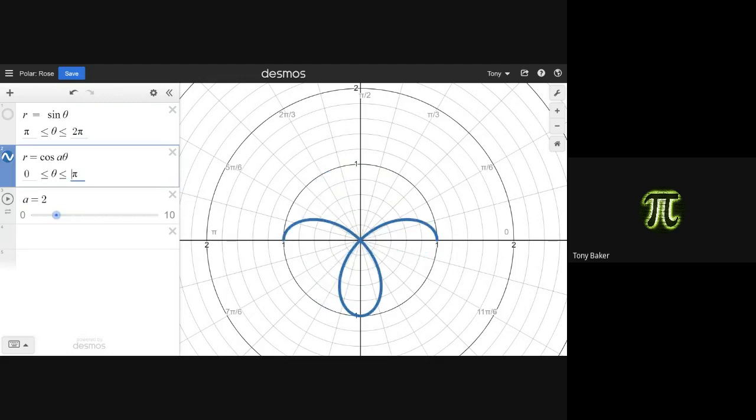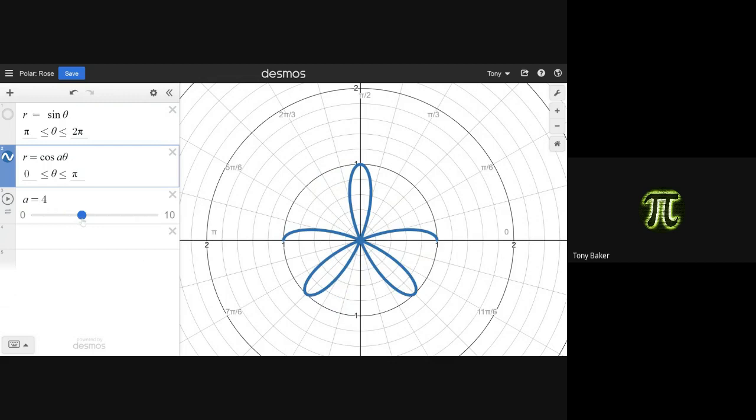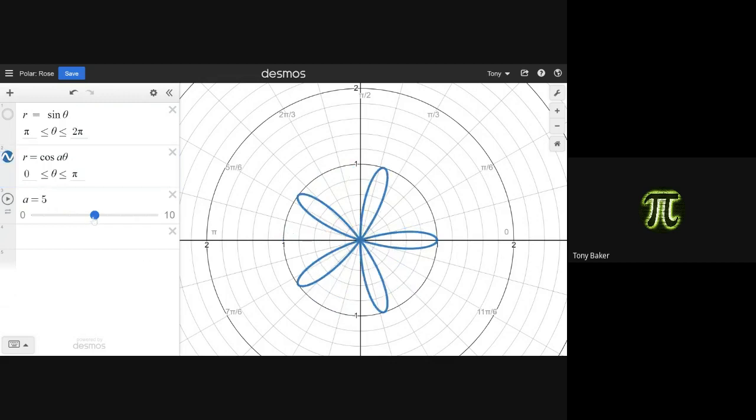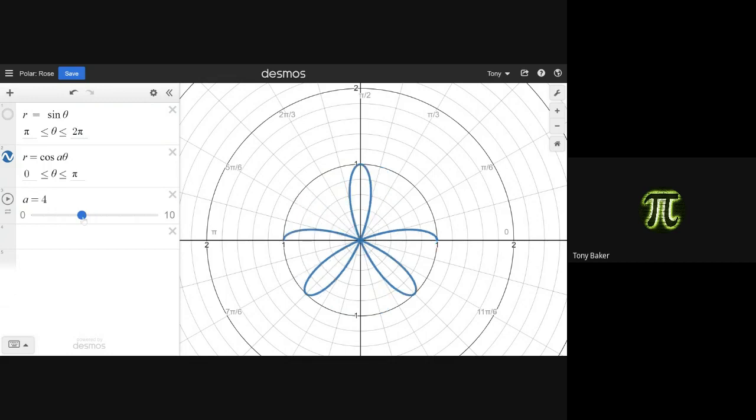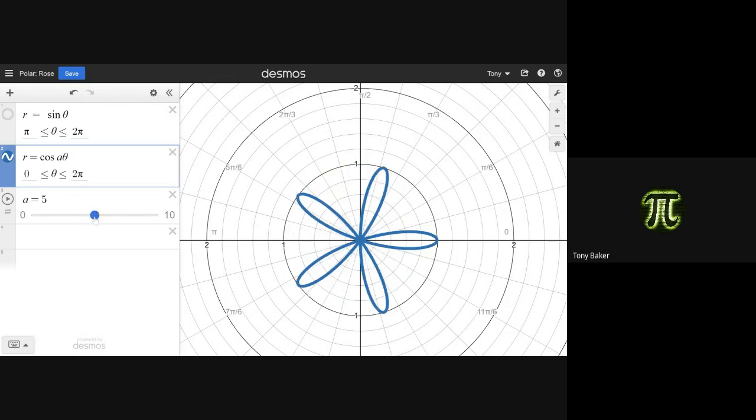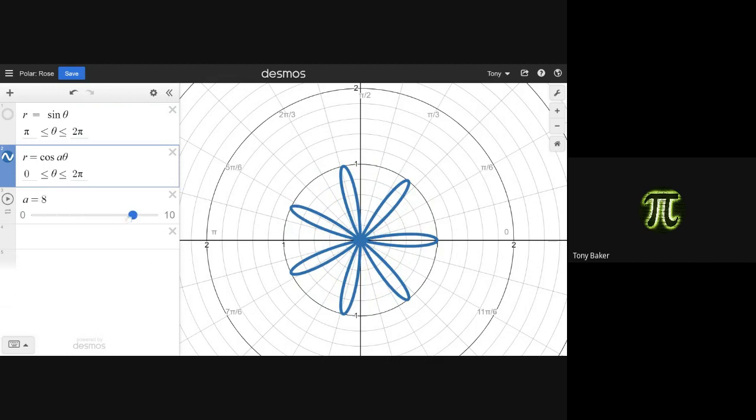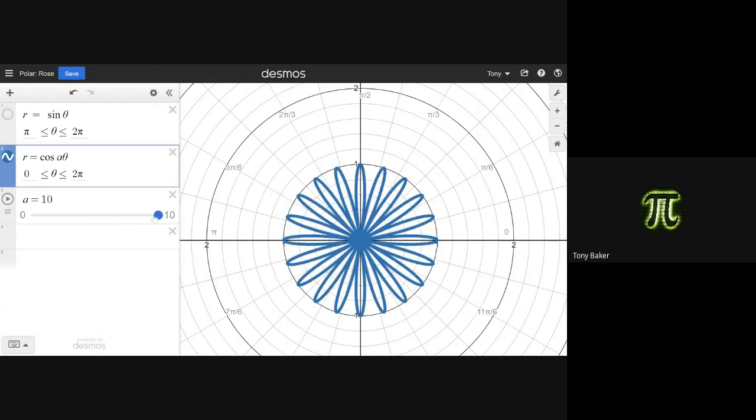No, it'll actually happen at any odd one. Any odd number doubles over on itself, so it's only 0 to pi. Any even one, you have them all. So there's 5, 6, 7, 8, 9, 10.